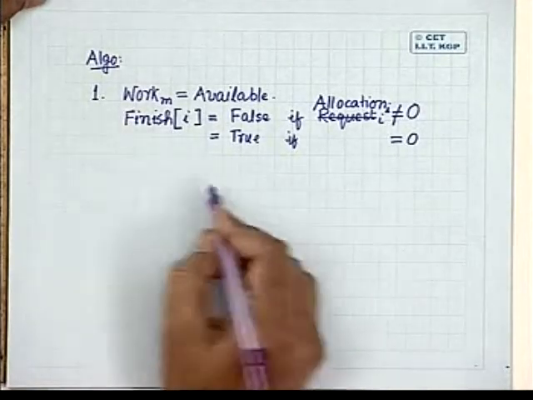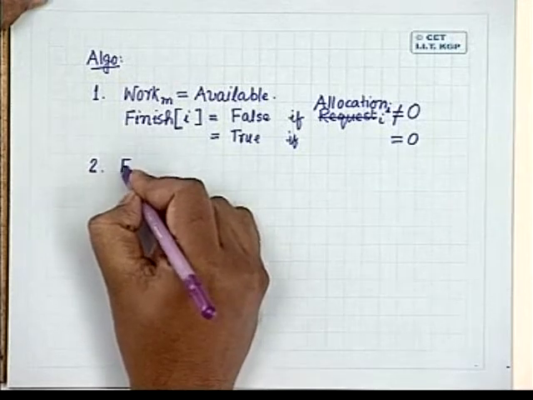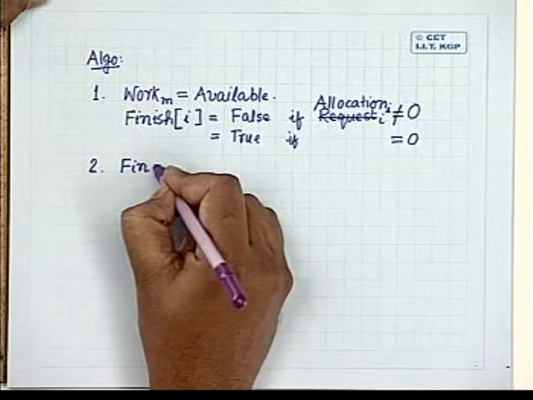Okay. In the second step, what we do is find an i. This part of the algorithm will be similar to the safety algorithm.